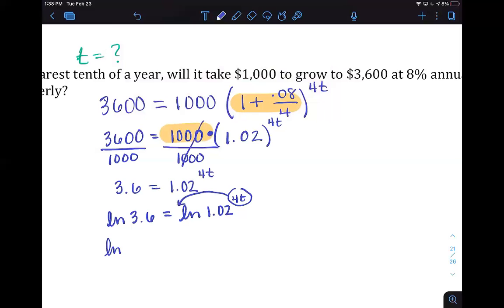So the natural log of 3.6 equals 4t times the natural log of 1.02. We're solving for t. Everything's being multiplied by t, so we're going to divide by everything other than the t to the other side.